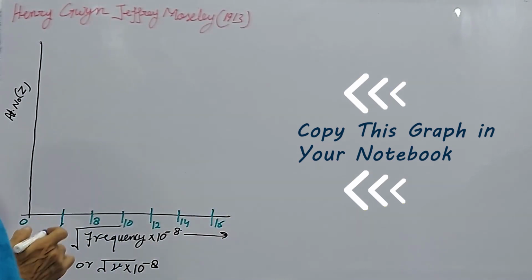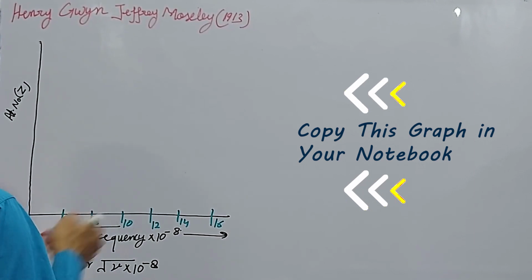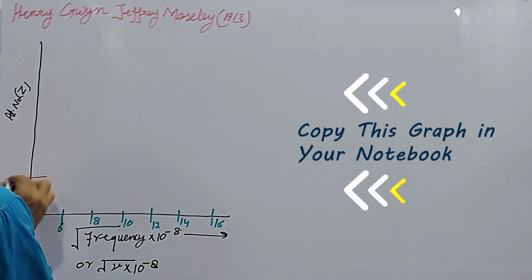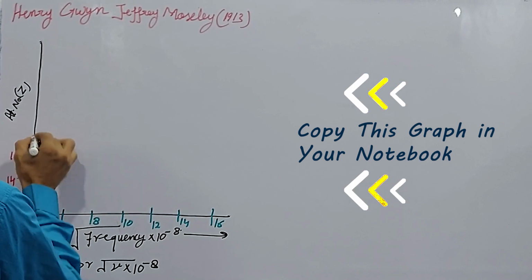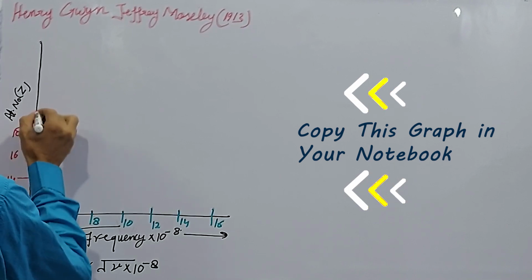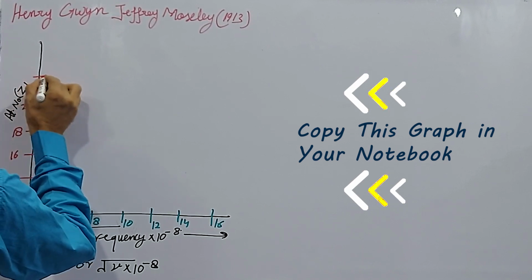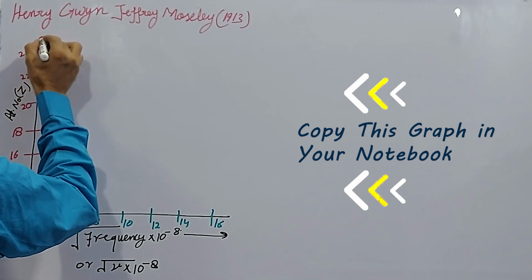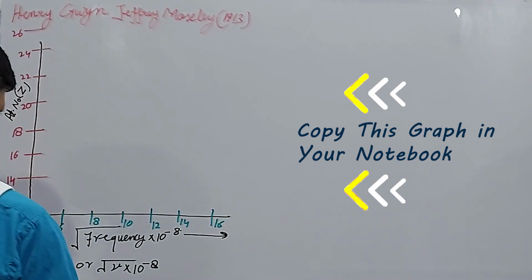And on the other side, atomic number: 14, 16, 18, 20, 22, 24, 26.